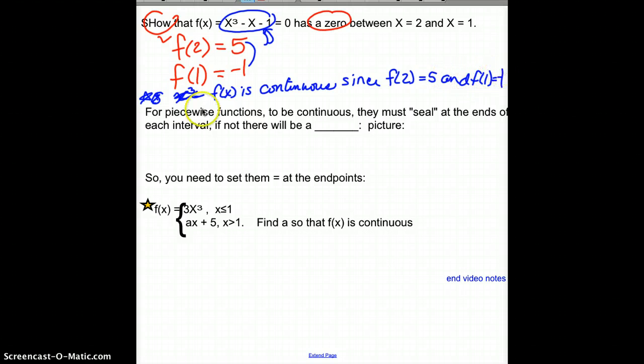negative 1, then you have to state the theorem you're using. So we'd say the intermediate value theorem, you have to state that or you get points off if it's a free response, guarantees.